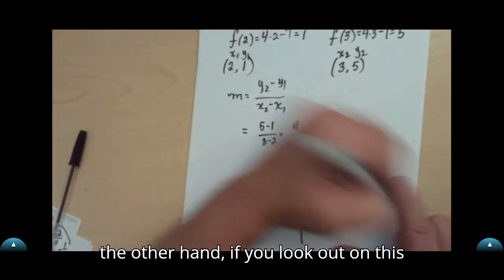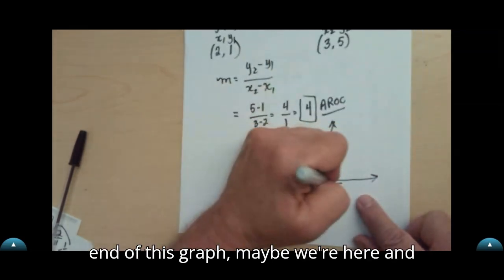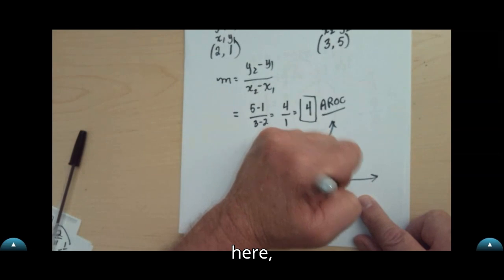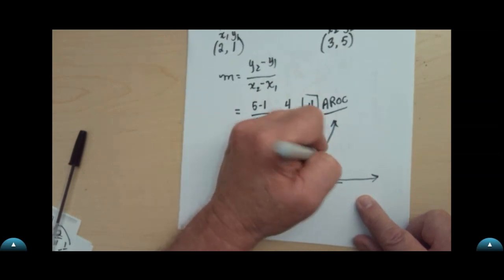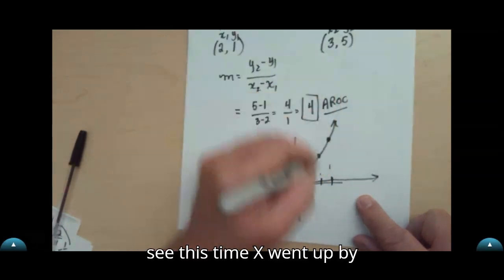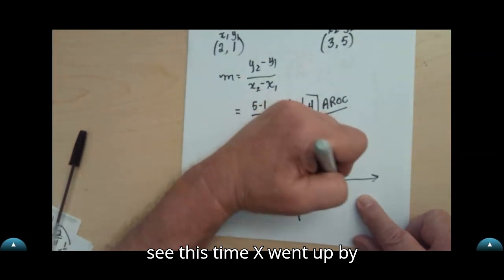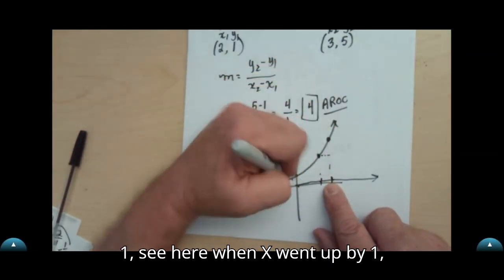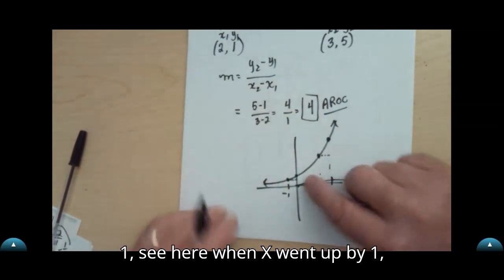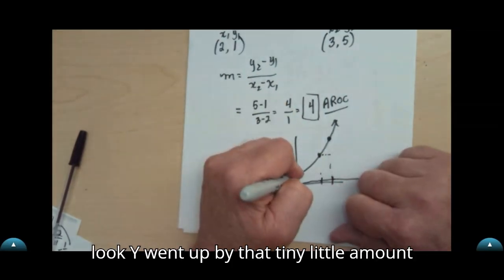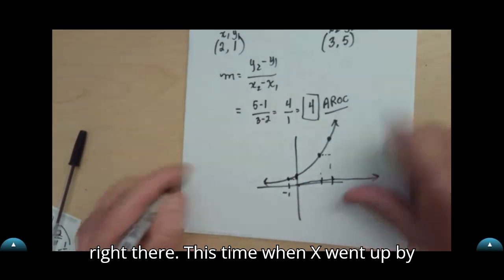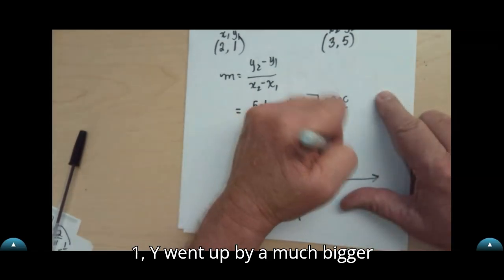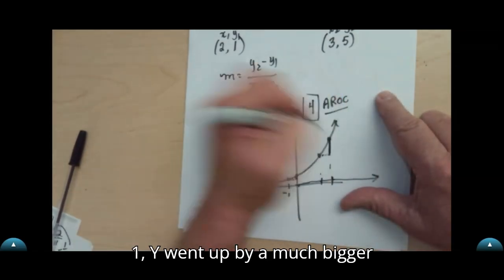On the other hand, if you look out on this end of this graph, maybe we're here and here, see this time x went up by 1. See here when x went up by 1, y went up by that tiny little amount right there. This time when x went up by 1, y went up by a much bigger amount.